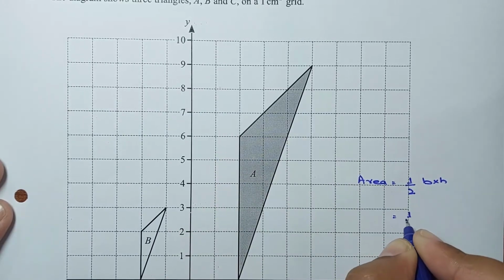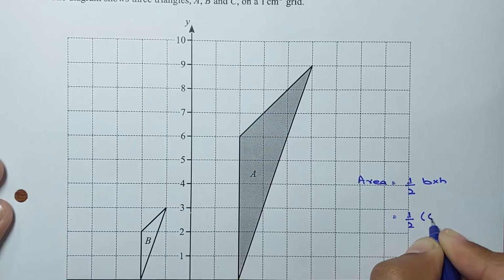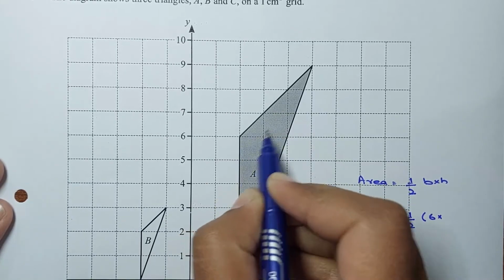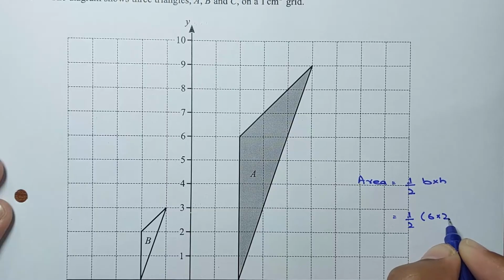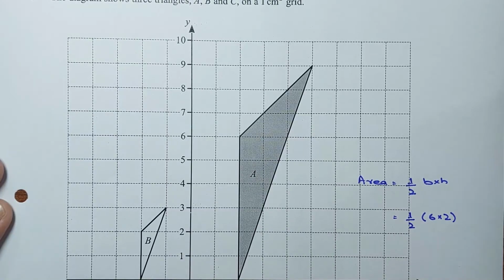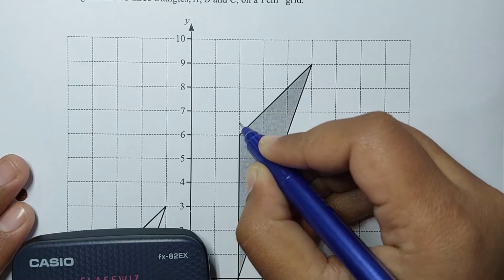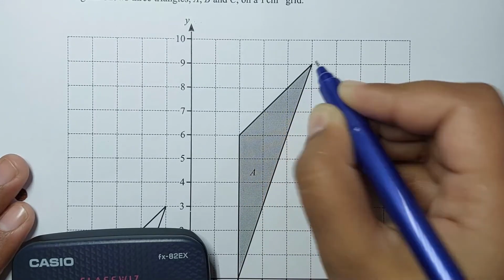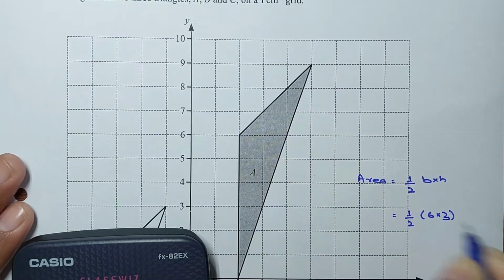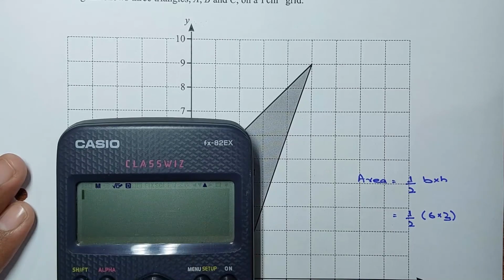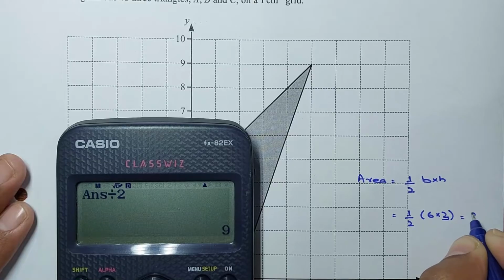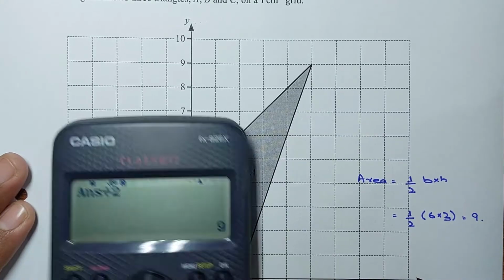So we can say half times 6 times the height. Sorry, the height is 1, 2, and 3. This is 3. So 6 times 3 divided by 2 is 9. 9 centimeters square is the area of triangle A.